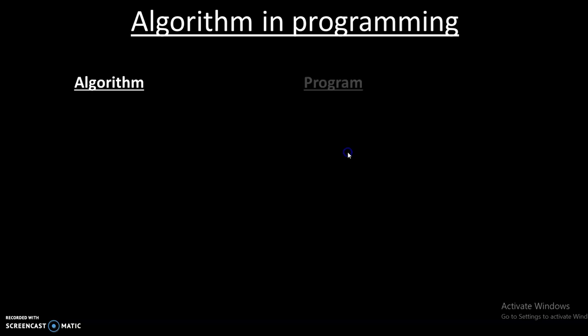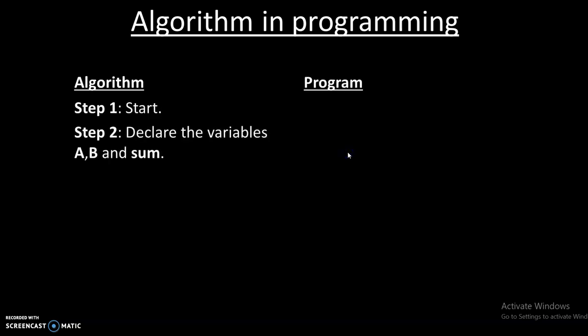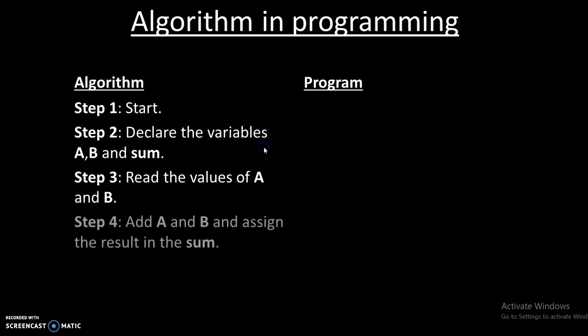Step 1 is start. Then we have to declare the variables needed for the given task. Here we are going to compute the addition of two numbers, so we are using three variables.